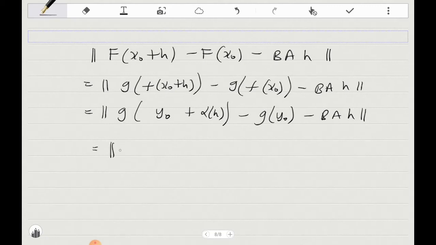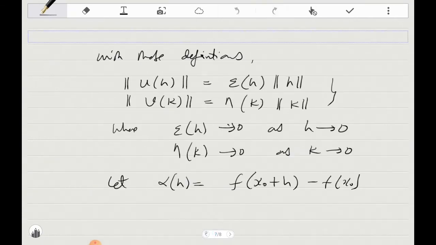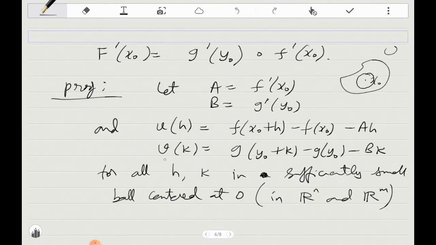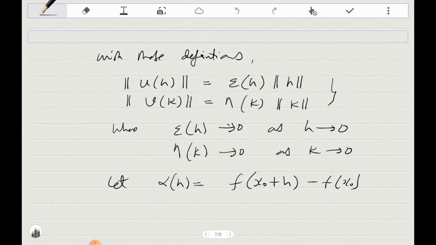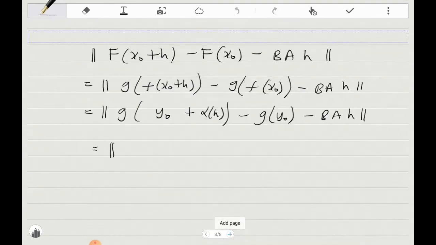So let's go back here. This v business. So v of k is supposed to be this. So here instead of k, I'm using alpha of h. So I'll just write it as v of alpha of h plus B alpha h. And I still have this thing here, BAH.